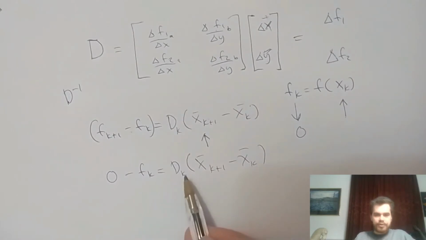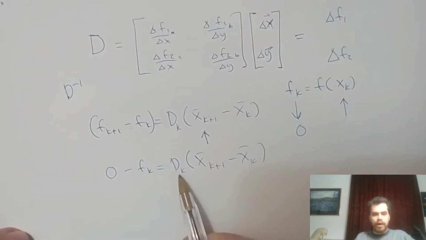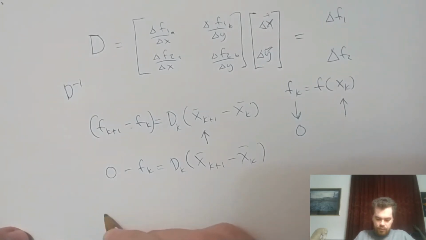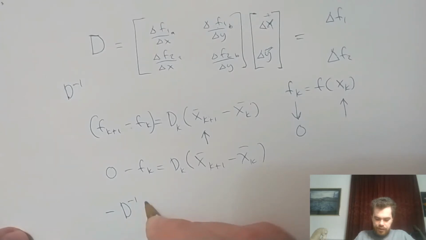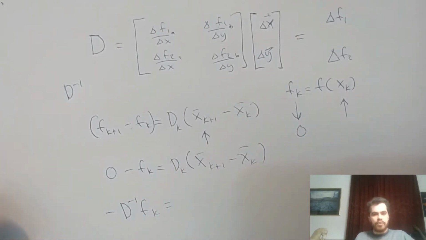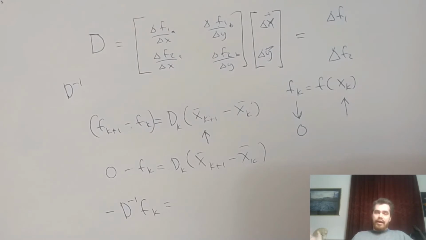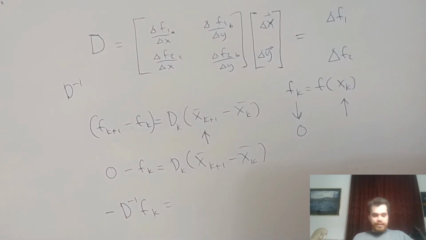So if we multiply both sides by the inverse of this approximate Jacobian D, we get negative D inverse f_k is equal to... if we multiply D inverse here, their product would be the identity matrix in whatever dimension we're in, and anything times the identity matrix, as we saw before, is just that thing itself.